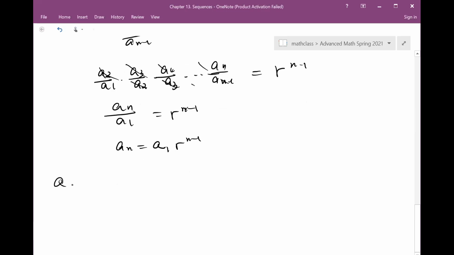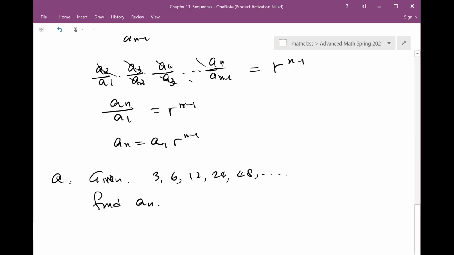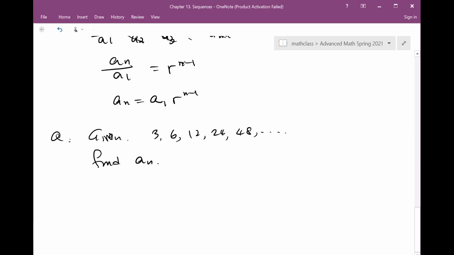Okay, let's take a look at an example. Given 3, 6, 12, 24, 48, and so on, find the general formula AN, okay? As you see, the next term is the previous term multiplied by 2, right?